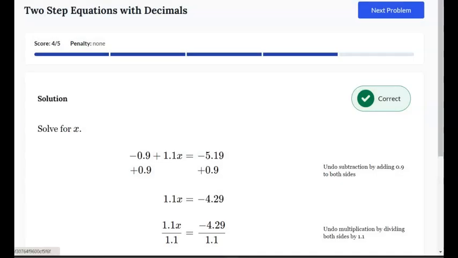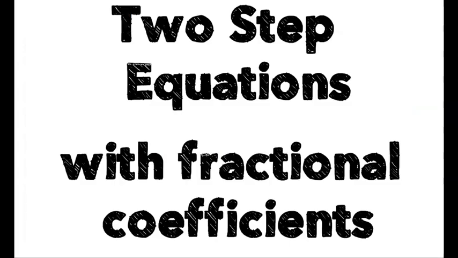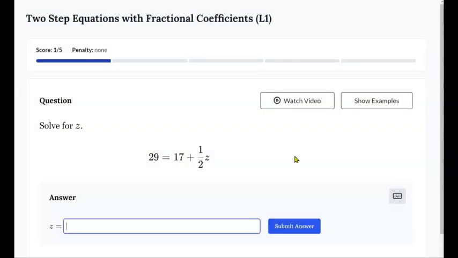We're going to move on to the third topic now, which is two-step equations with fractional coefficients. All right, so we have the same inverses as before. We're going to subtract the constant from both sides.